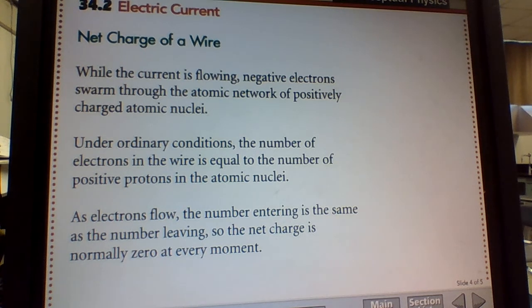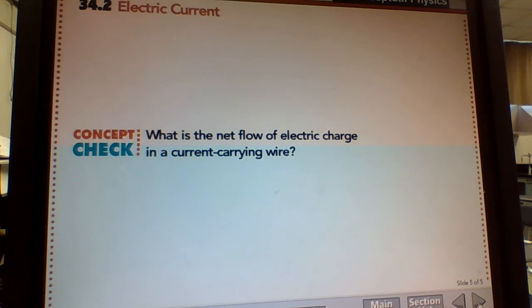There might be a small pooling from time to time if there's a problem, but if there are no problems, there shouldn't be any of this pooling. So what is the net flow of electric charge in a current carrying wire? It's going to be zero.